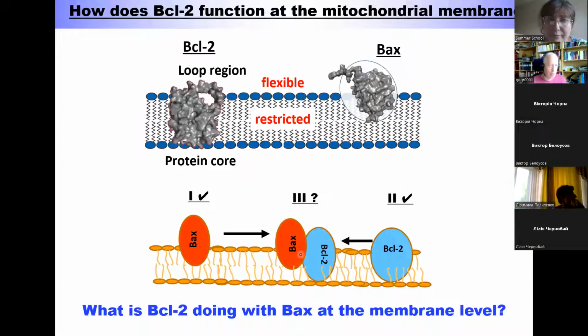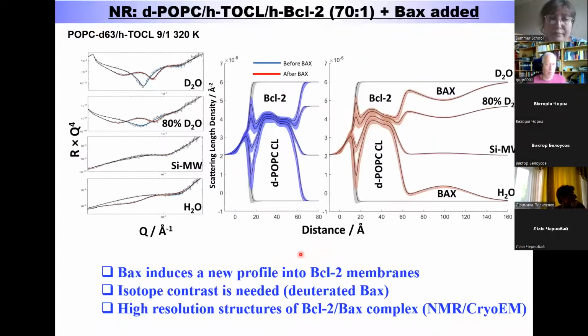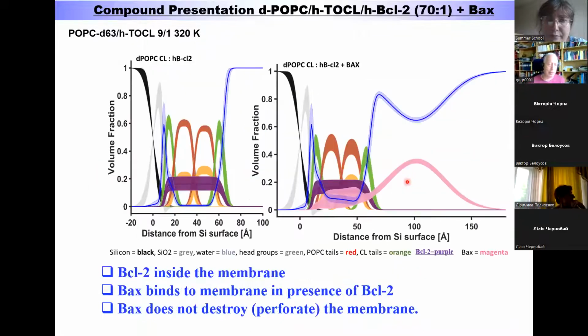We have not done so many experiments, but we've done some, because some also failed. So what we did, we had bilayers with BCL2 in the neutron work, and then we added BAX to it. And what you see quite nicely, BAX is doing something outside, BCL2 is still inside, but it's different from before. This one can see with this more sophisticated analysis.